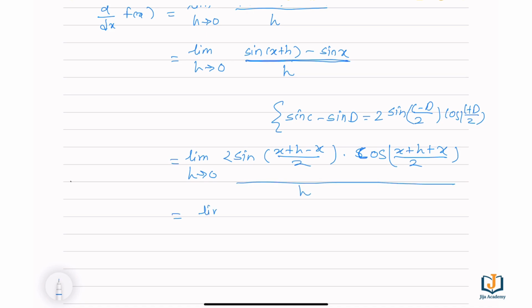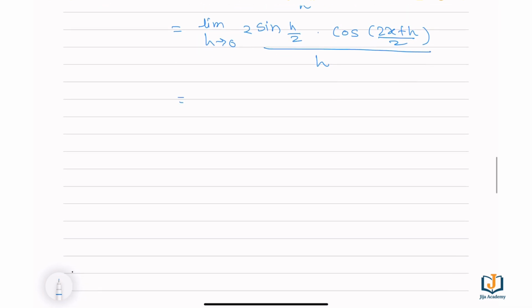So limit h tends to 0 2 sin h by 2 into cos (2x plus h) upon 2 divided by h.